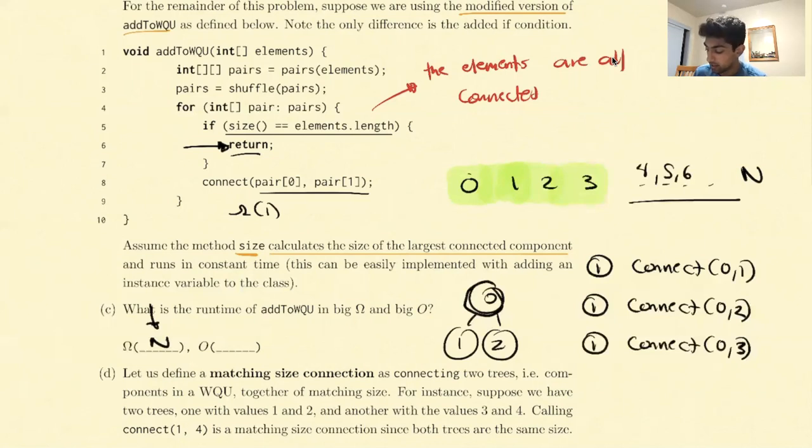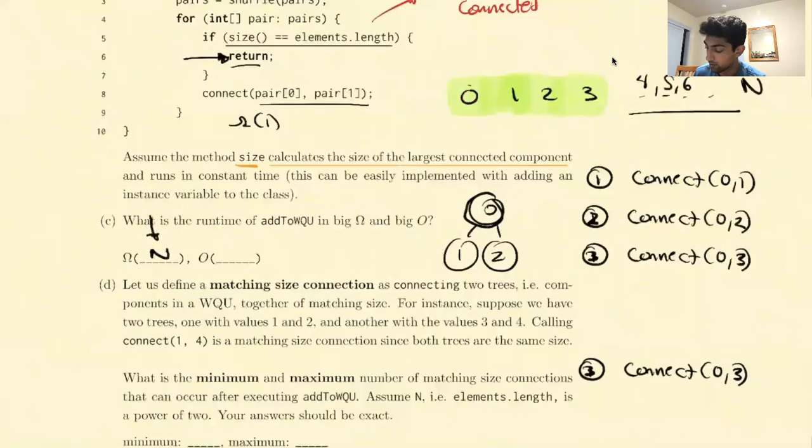So what we can say is that if we look at all of these connect calls, it'll be on the order of n connect calls, right? And if each connect call takes us constant time, what we can say is that we have constructed such an example where we run in omega of n, or we run in n time, so we know a tight omega bound is omega of n.